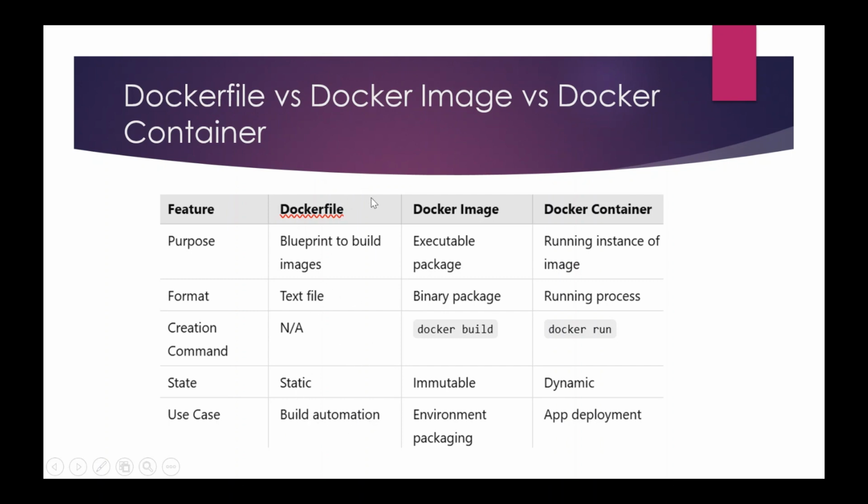You can automate your application and just build that into one image. For the Docker image, we do it for environment packaging, and the Docker container, you can say, we use this for app deployment.